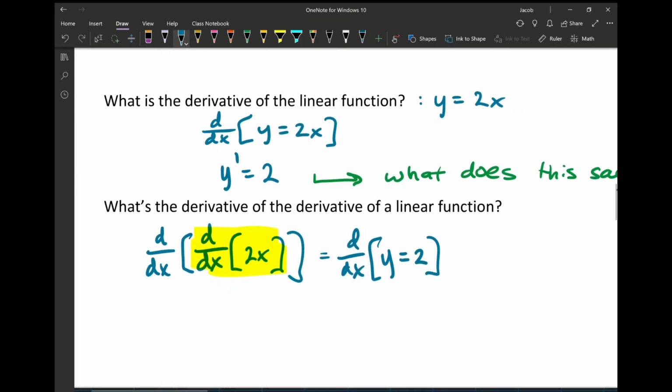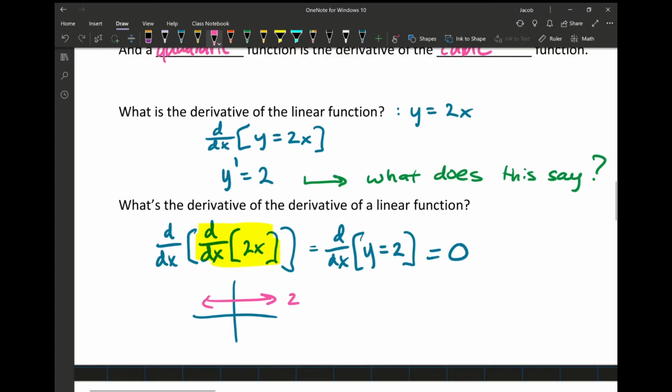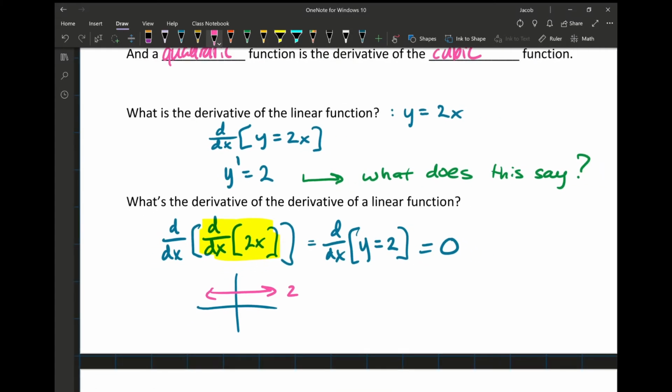Y equals 2 is a horizontal line. So our answer is just 0, because y is just a horizontal line at 2. So we found 2 layers of slope.